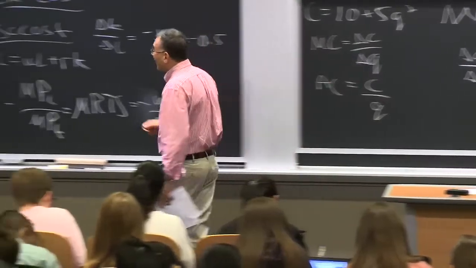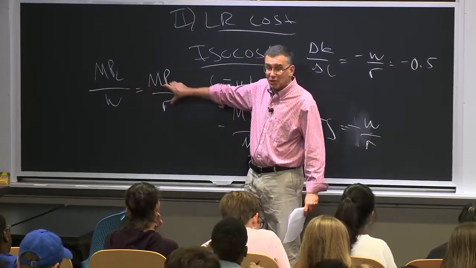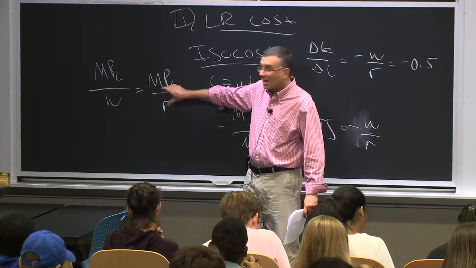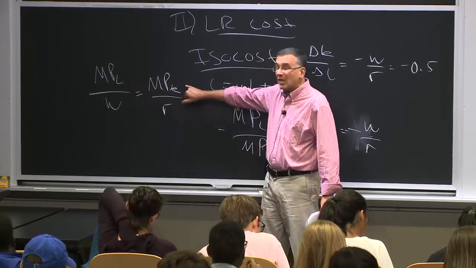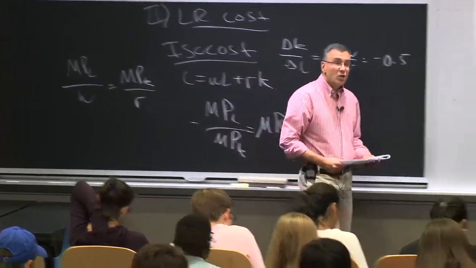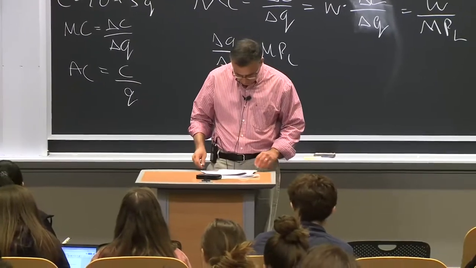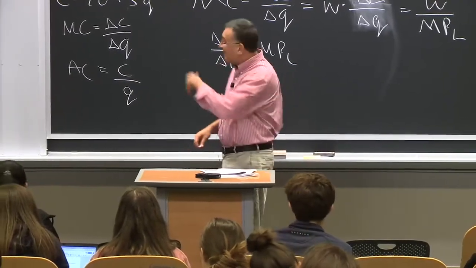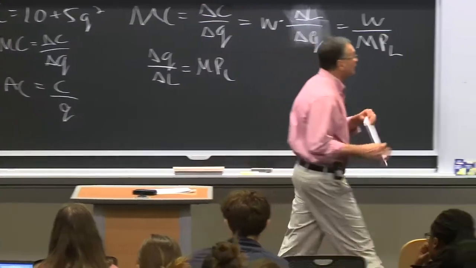You should do it until the next dollar of wages delivers you the same return as the next dollar of machines. This is what you get for the next dollar of wages, MPL over W. This is what you get for the next dollar of machines, MPK over R. You want to continue to trade off machines and workers until that condition is true. Okay? So let's actually now solve for this, for our example.